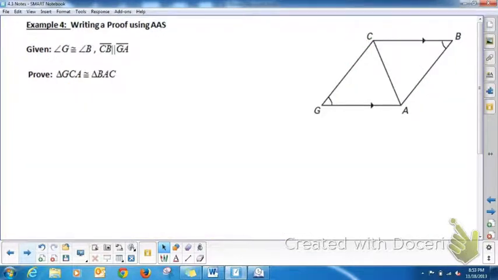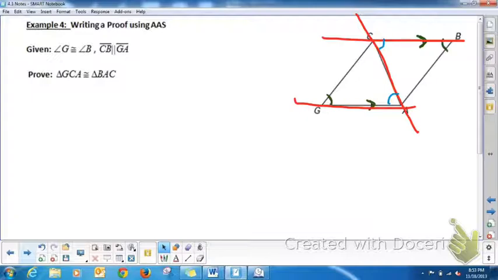Now that we have this theorem, you can use it every time. Let's write a proof using angle, angle, side. In this proof, you're given that angle G is congruent to angle B, and you're also given that CB is parallel to GA. Well, because you know that these are parallel lines cut by a transversal, then you know that their alternate interior angles are congruent.